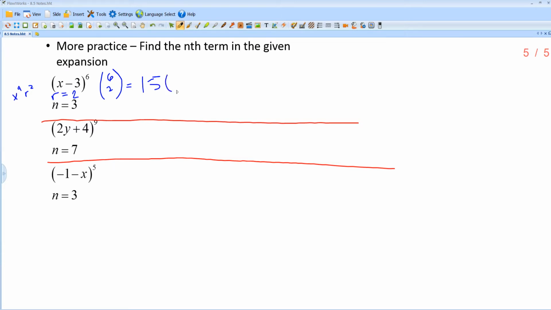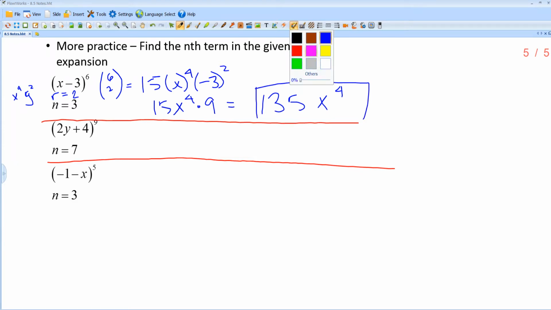And then negative 3 is not really r, it's y. Negative 3 is being raised to the second power. So we get 15x to the fourth times 9, which is going to give us 135x to the fourth.